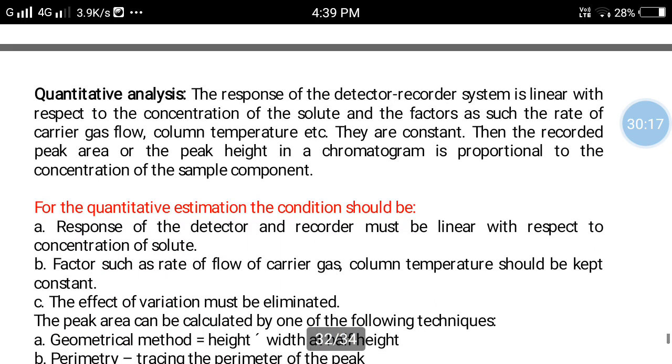And secondly, the quantitative analysis. The response of the detector and recorder system is linear with respect to the concentration of solute, and factors such as the rate of carrier gas flow, column temperature, etc. are constant. Then the recorded peak area or the peak height in the chromatogram is proportional to the concentration of the sample component.